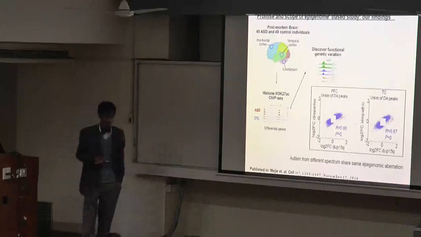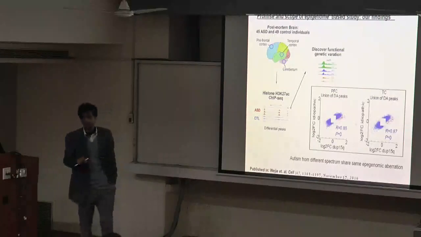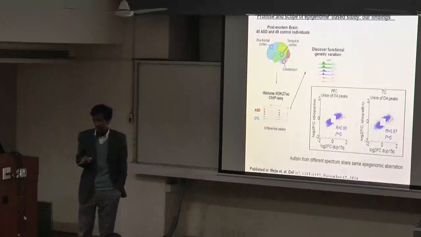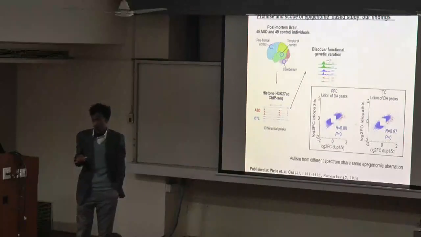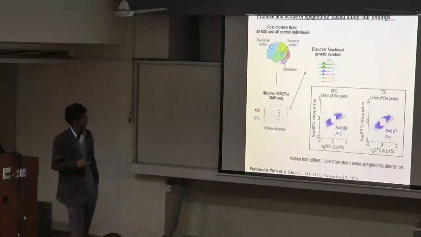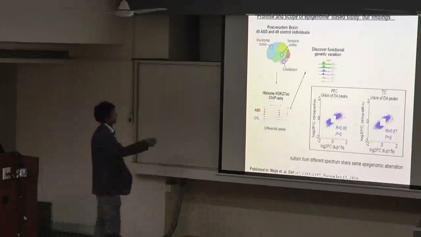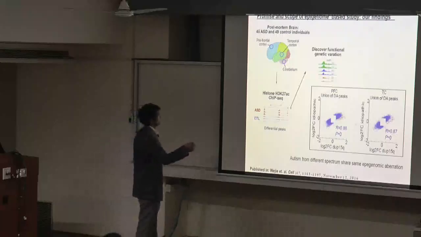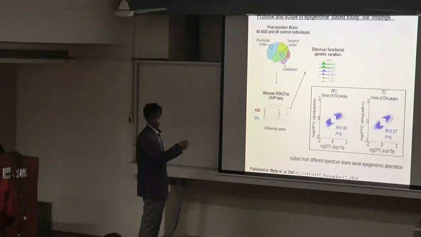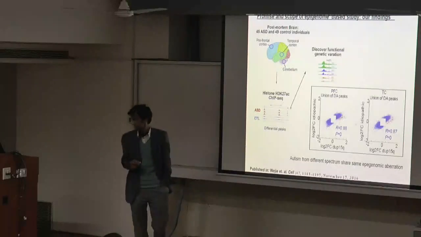And we have promising results. For example, we have done epigenome profiling of postmortem brain of people with autistic disorders. We took samples from three regions of the brain: prefrontal cortex, temporal cortex, and cerebellum, of at least 45 autistic patients and 49 control subjects who didn't have autism.